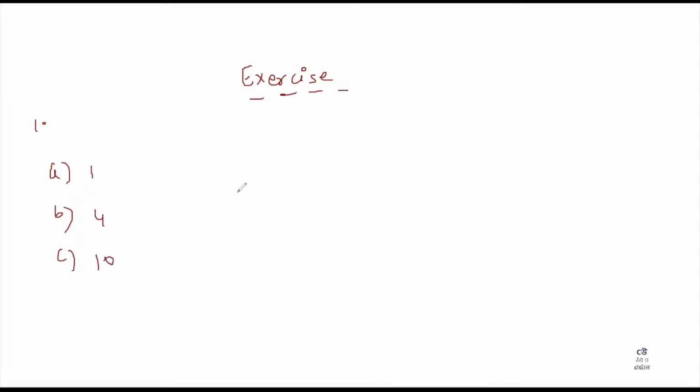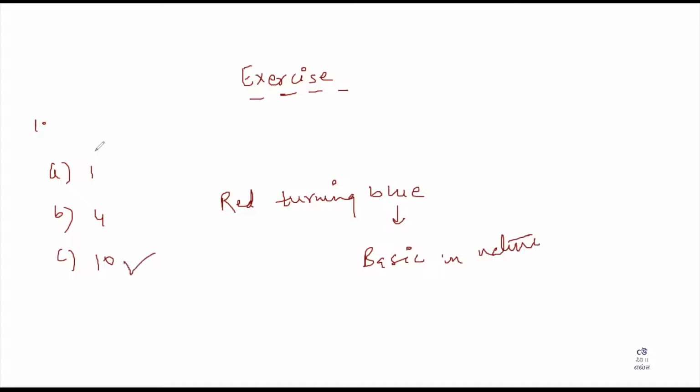So we have to remember that red is turning blue in color, and blue indicates that the solution is basic in nature. Therefore, the pH value would be around 10, because 1 and 4 represent that the substance is acidic in nature.